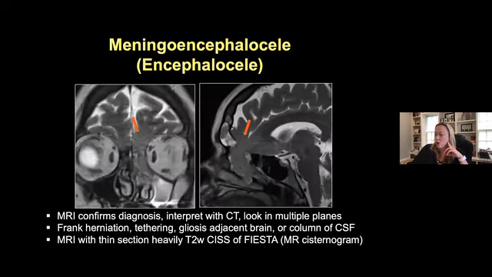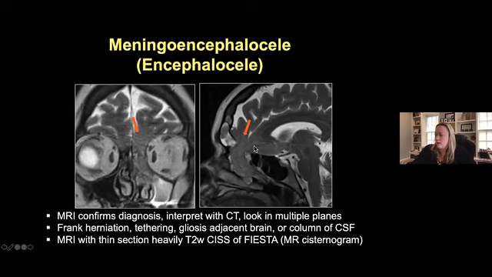So an MRI will confirm the diagnosis. We'll do T1 and T2 weighted images, but typically we'll do heavily T2 weighted images in multiple planes: the CISS, FIESTA, or SPACE sequences, depending on your type of MRI. In these settings, we're going to look for frank herniation of brain parenchyma.